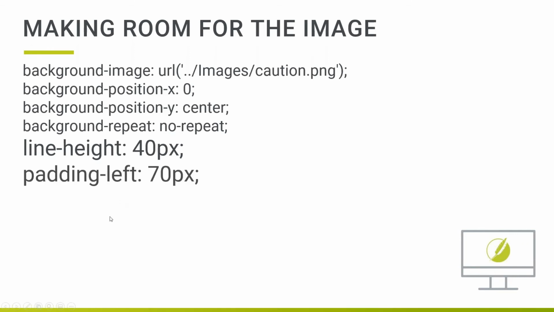Then I want to go set my padding left. Now, again, if you remember padding, I've got that invisible box. And right now, my text is right up against the invisible box. What padding left is going to do is move the text 70 pixels.